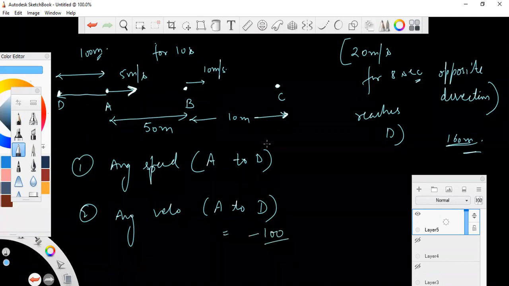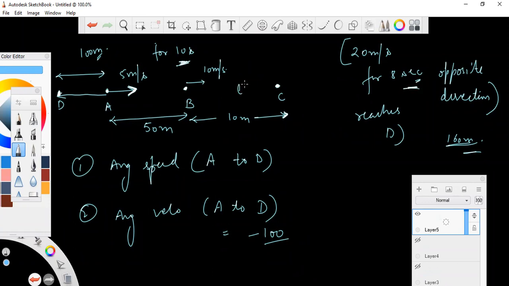What is the total time taken? 19 seconds. 10 plus 8, and the time for the second part is 10 by 10, which is 1. So 19 seconds. This is the average velocity. Is the use of the negative sign clear to you? Yes, sir.